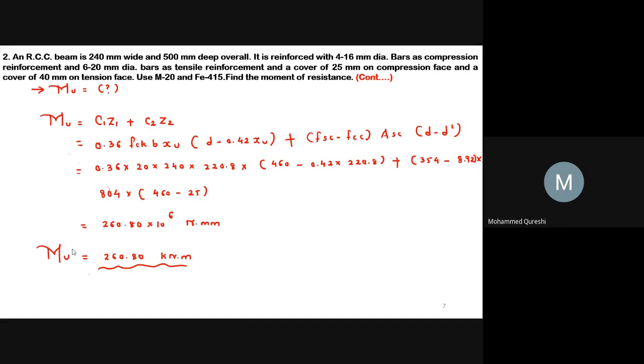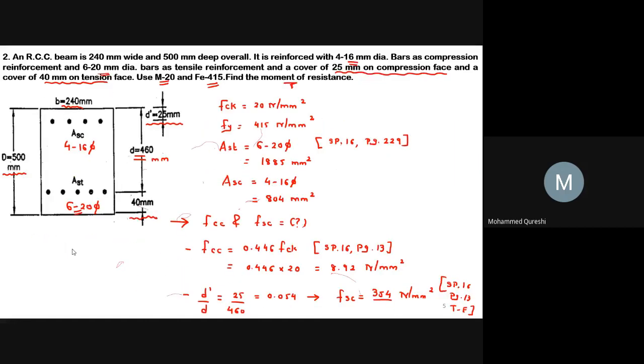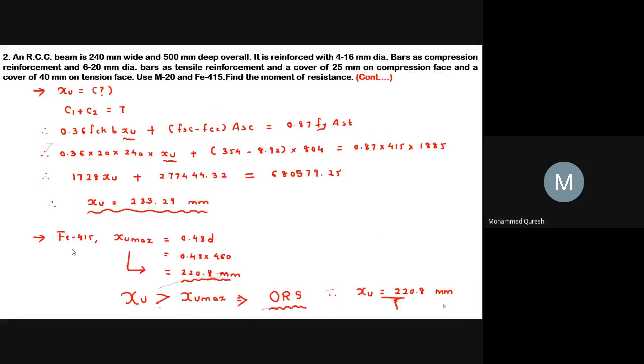So to find the moment of resistance, or to analyze the doubly reinforced concrete beam using this method, firstly you have to check the area of tension steel and area of compression steel. After finding the values of Ast and Asc, you have to calculate the values of fcc and fsc, and then calculate the depth of neutral axis, and in that portion check whether the section is over reinforced, under reinforced, or balanced.